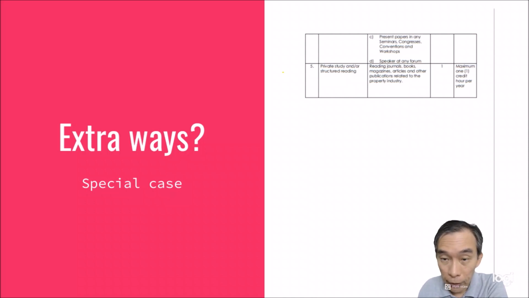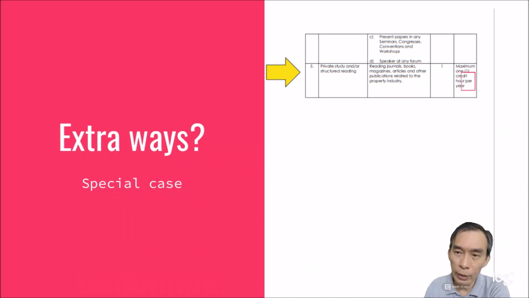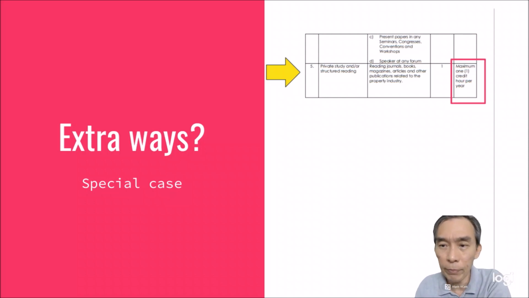Another one I want to highlight is private study and structured learning. For this one, you have to prove you read journals, books, magazines, articles and other publications related to the property industry, and you are able to document it. You can earn a maximum of only one credit hour per year.